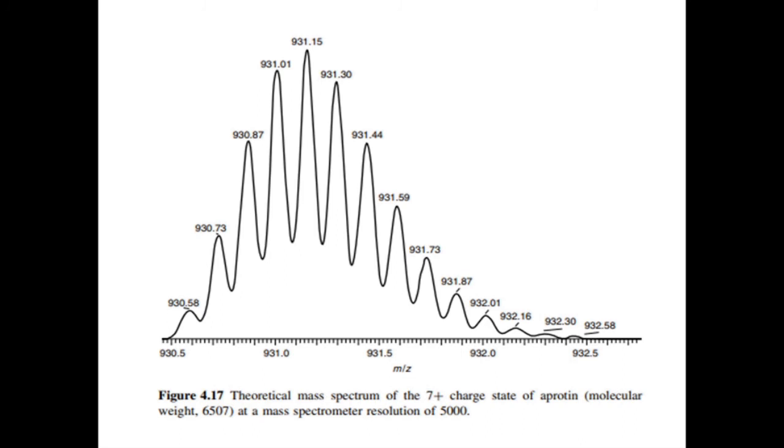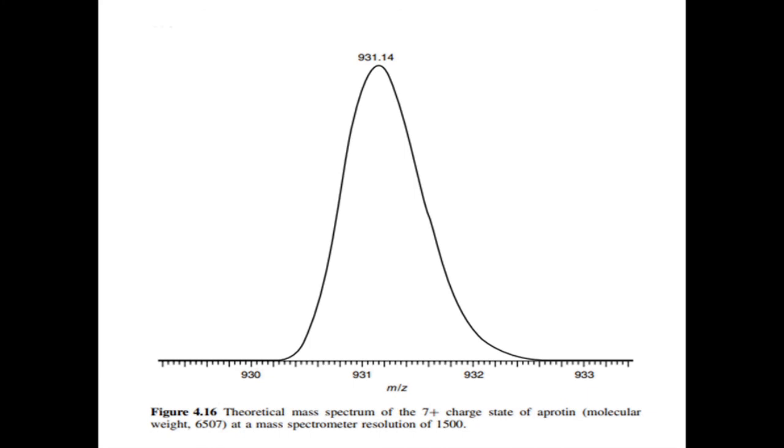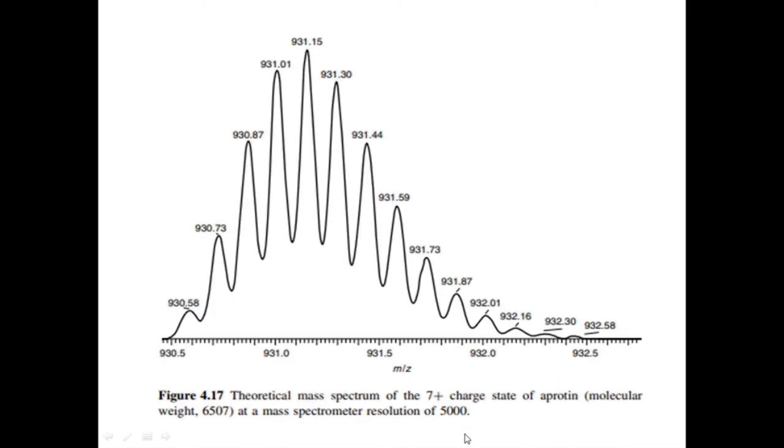Here, the theoretical mass spectrum of the 7 plus charge state of a protein, molecular weight 6507, at mass spectrometer resolution 1500. Same here, resolution 5000, respectively.